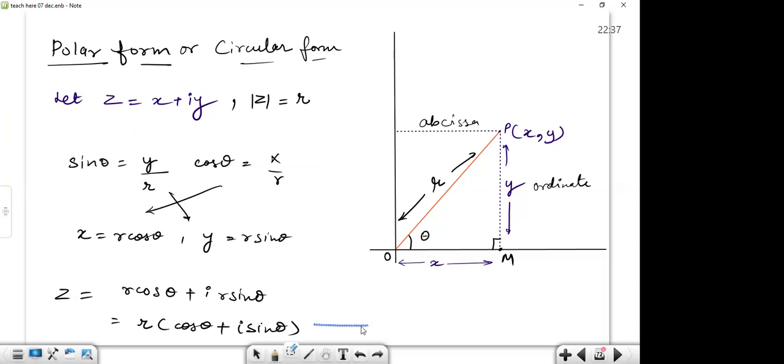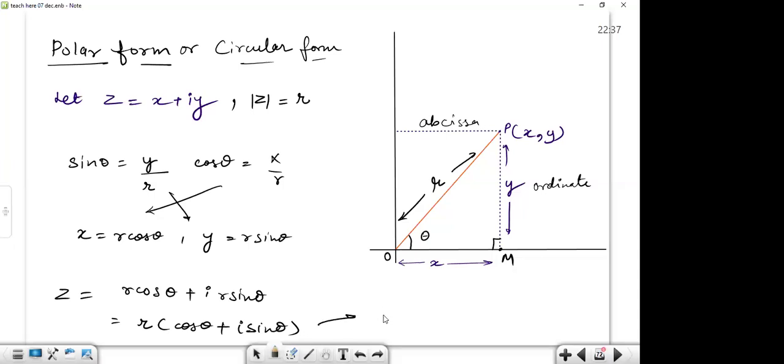Now, this particular form of complex number, where r is the magnitude and theta is the argument, we are only having theta and r as the variables for the complex number here, not x and y.